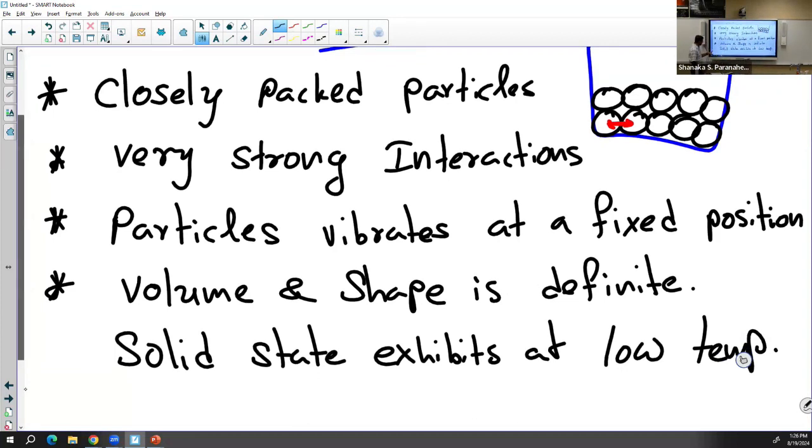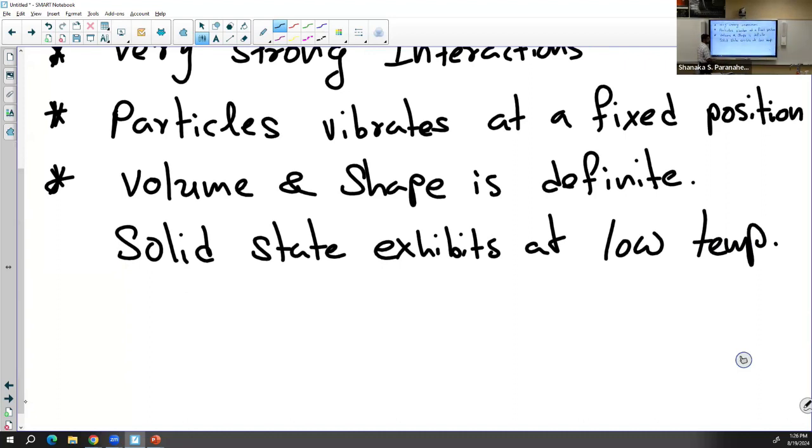Ice is a solid and it stays in the solid state below 0 degrees Celsius, or 32 degrees Fahrenheit. Did everyone note down those points, because those aren't in the slides?